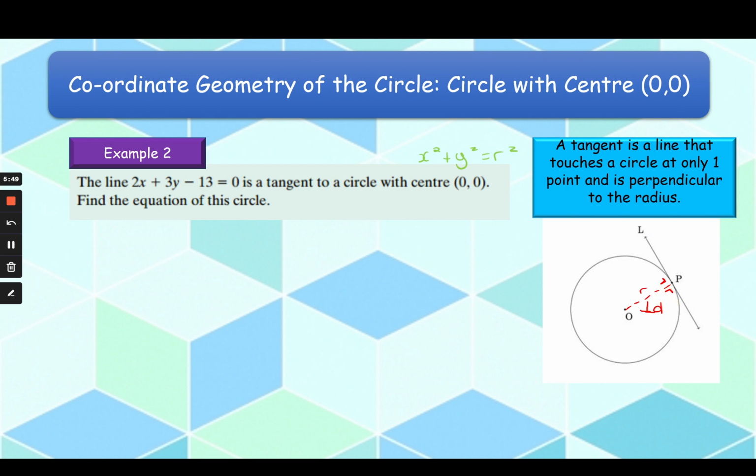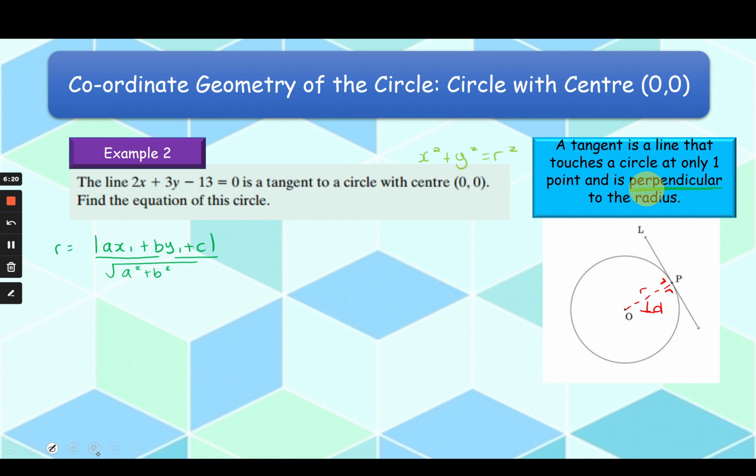So on the top of page 19, to find my perpendicular distance r, I'm going to use my perpendicular distance between a point and a line formula. So r is going to be equal to ax1 plus by1 plus c all over the square root of a squared plus b squared. Now it's key to remember, guys, we can only use this formula because we know it's a tangent and we know a tangent is perpendicular.